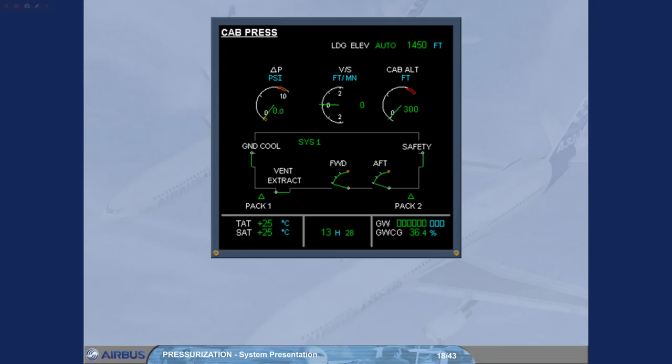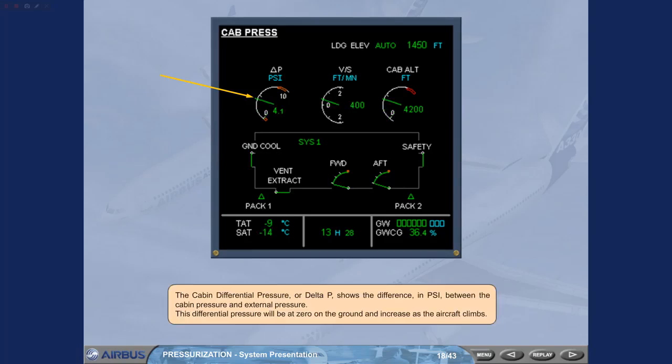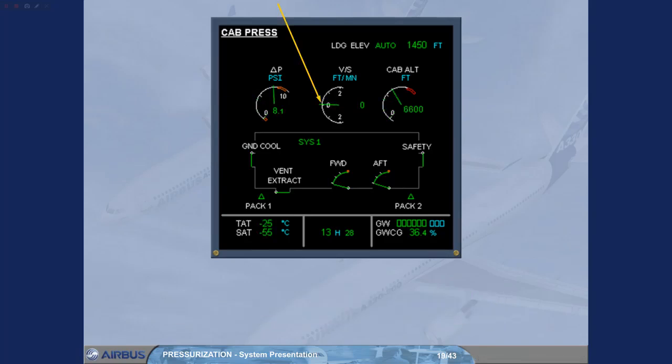The cabin differential pressure, or delta P, shows the difference in PSI between the cabin pressure and external pressure. This differential pressure will be at 0 on the ground and increase as the aircraft climbs. The cabin vertical speed shows the rate of change of cabin altitude in feet per minute.